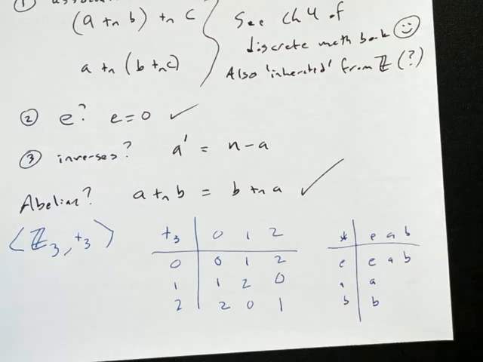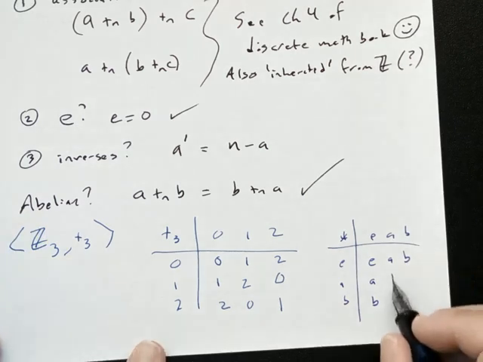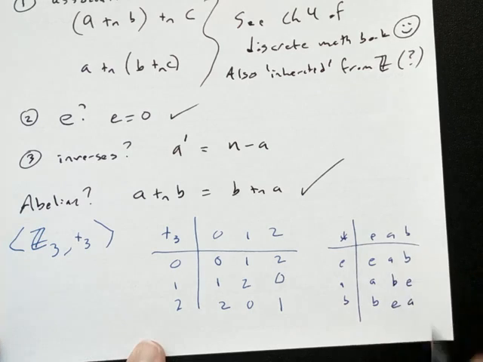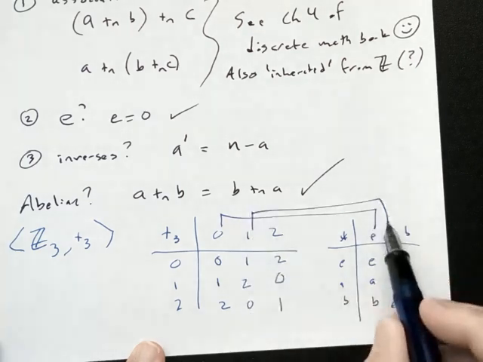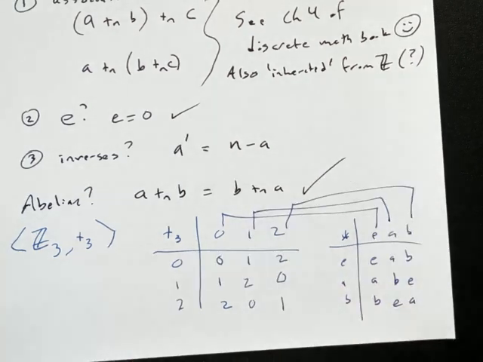What I've just written with those little marks across the top there is a 1-to-1 and onto function from the set 0, 1, 2 to the set E, A, B, right? Tables are exactly the same. If you change every 0 to an E, every 1 to an A, and every 2 to a B, they're exactly the same table. These are isomorphic.